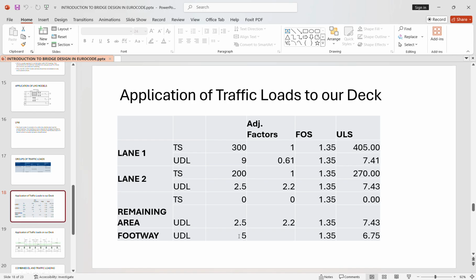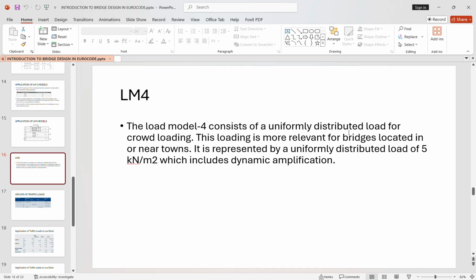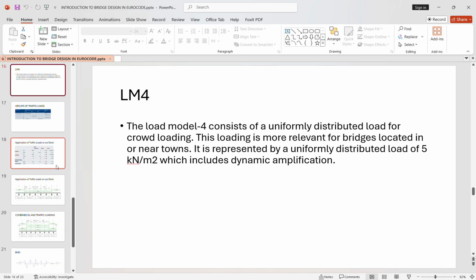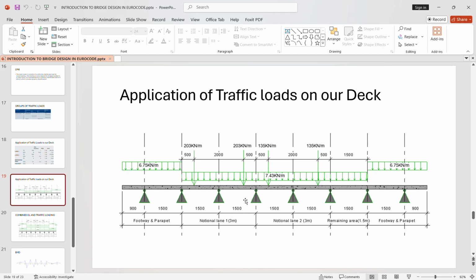For the footway we take 5, so there is no factor, because as we read, this loading is represented by a uniformly distributed load of 5 kN, which includes dynamic amplification. The load has already been amplified, so we don't need to amplify it here. Then we add a factor of safety and get the ultimate limit state load that we require for our analysis.